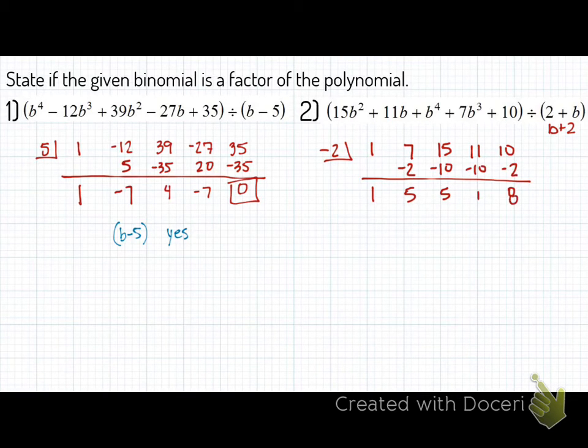Then I check my work, and I get a remainder of 8. That means there's going to be a remainder here, just like 25 divided by 4 is 6 with a remainder. Over here we have an answer, but we also have a remainder. So we would say no. That's it. Easy, right? Let's have the teacher pause the video here, and let's have students write this down.